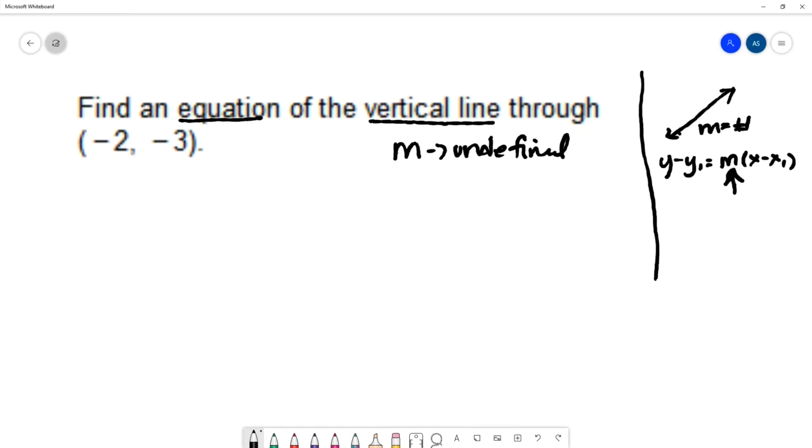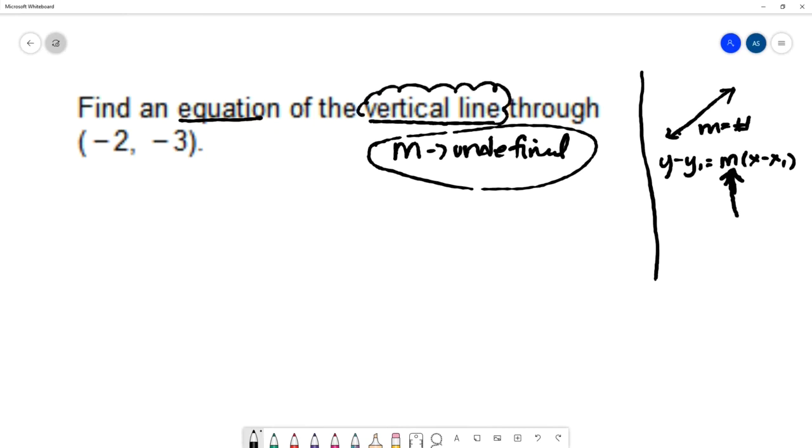But vertical lines have undefined slope, so we don't have a number that we can plug in for m to find the equation. So we have to know some facts about vertical lines to do a question like this.